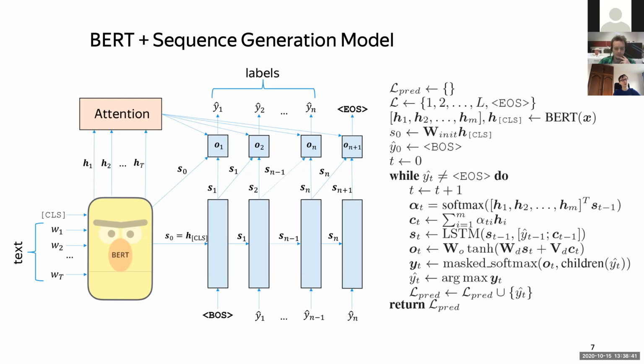So if we already predicted some labels previously and we want to predict a new one, we should mask out those labels that were already predicted and those that we don't want to predict because they are not in the possible path between the root and any leaf node.